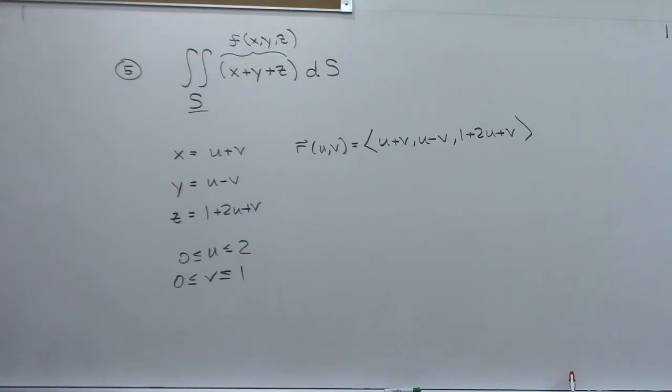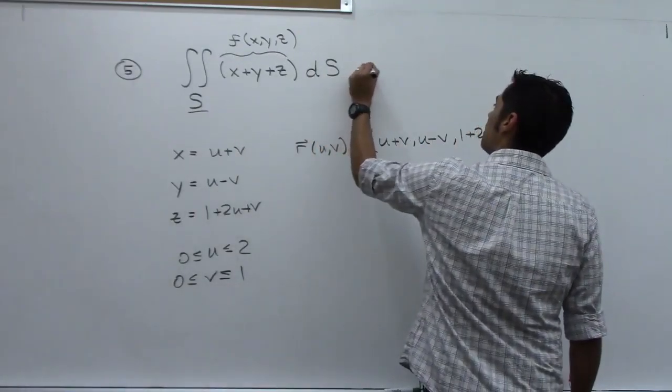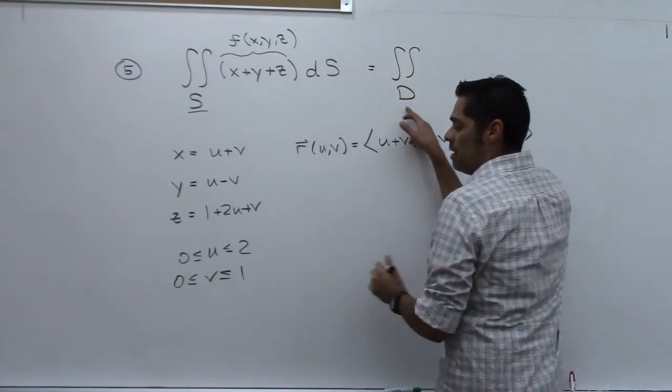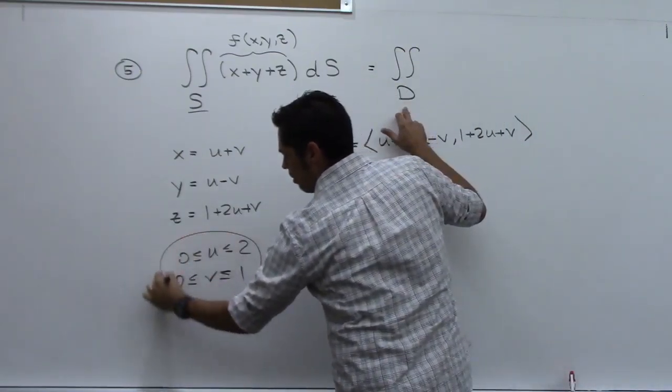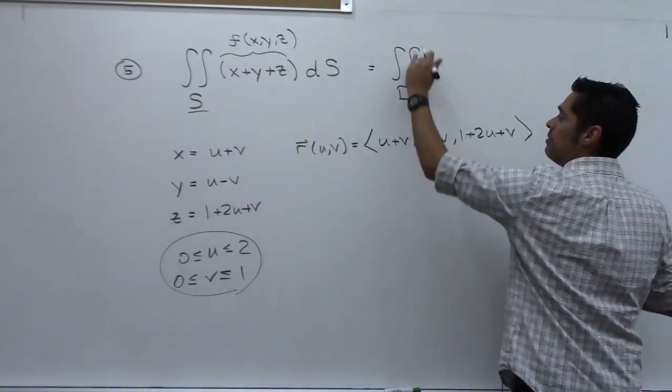All right, yeah, so I'll do it exactly the way I did it there. So what we're going to do is convert this into a double integral over the region D. Now D comes from our restrictions on our u and v, okay? That's going to give us our limits of integration.